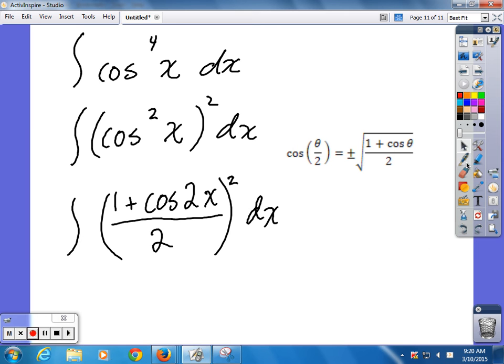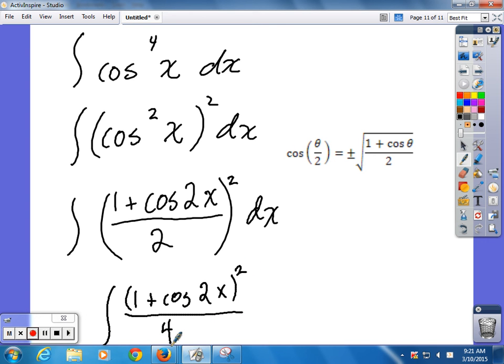Okay. Now, rewrite this using the square. The antiderivative of 1 plus cosine 2x quantity squared over what? 4.